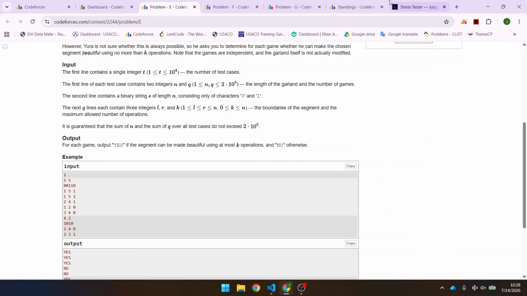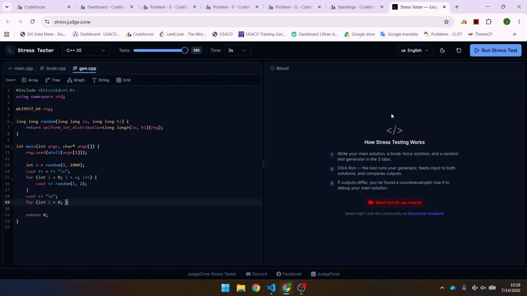We have n, right? So n values. Int L random from 1 to n. R random from L to n. Okay. K is random from 0 to n.